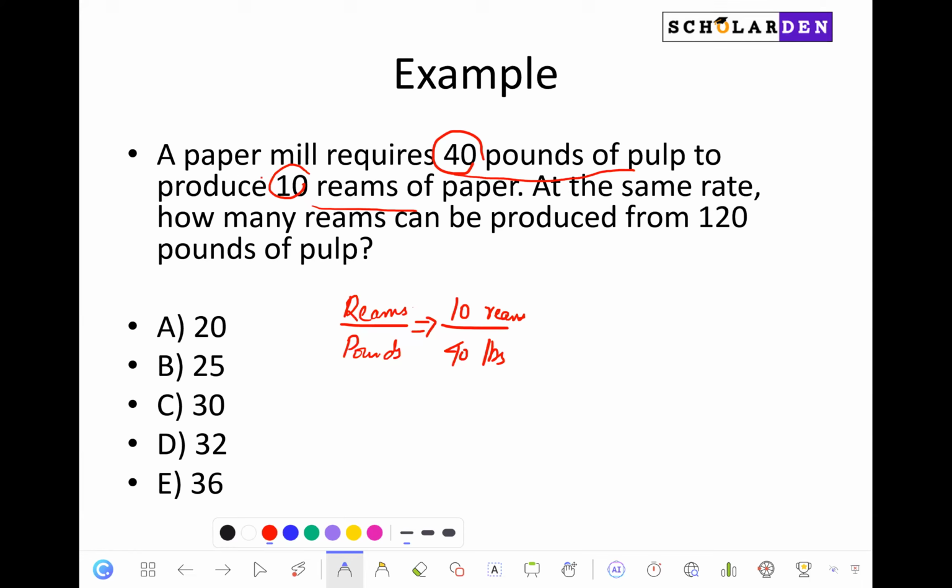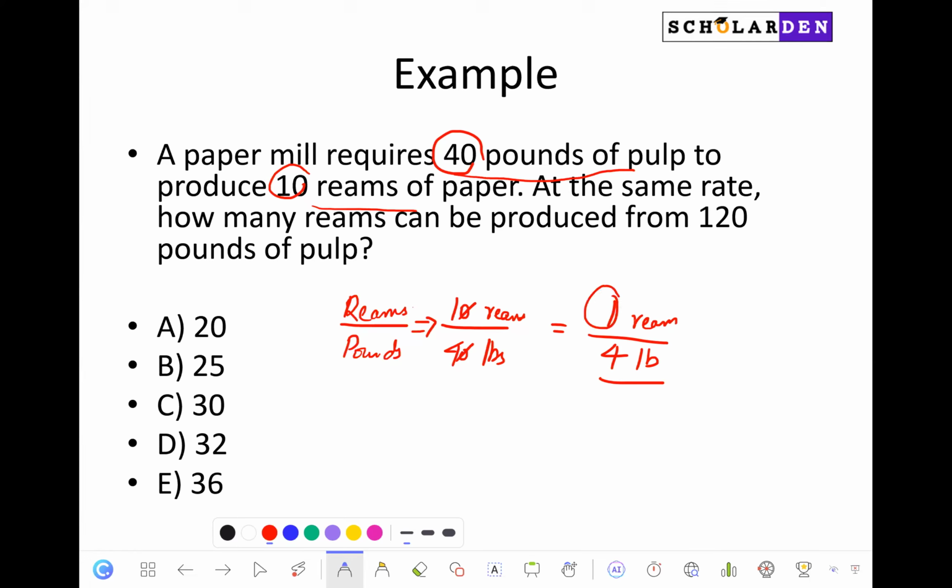This is what the first statement tells us, that the paper mill requires 40 pounds of pulp to produce 10 reams of paper. So this tells us that you get 1 ream of paper for every 4 pounds. If we simplify this, for every 4 pounds of pulp, you get 1 ream of paper.